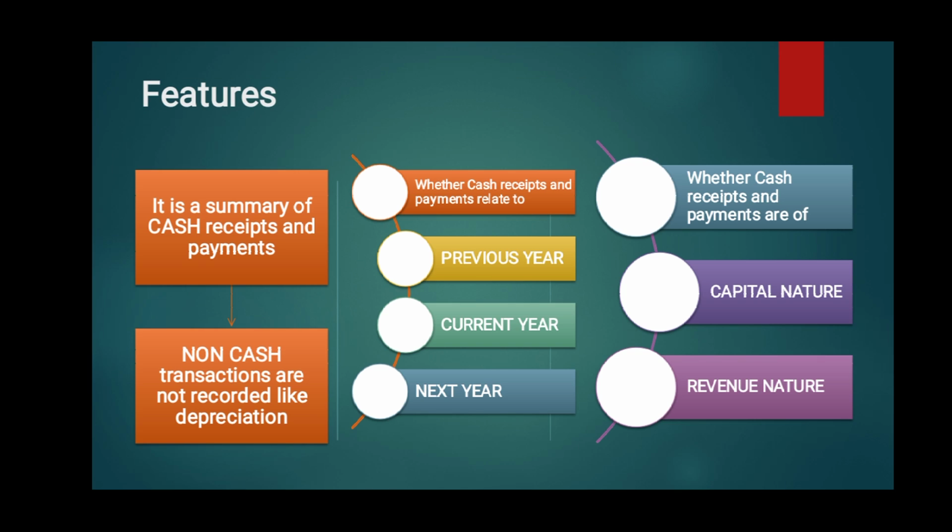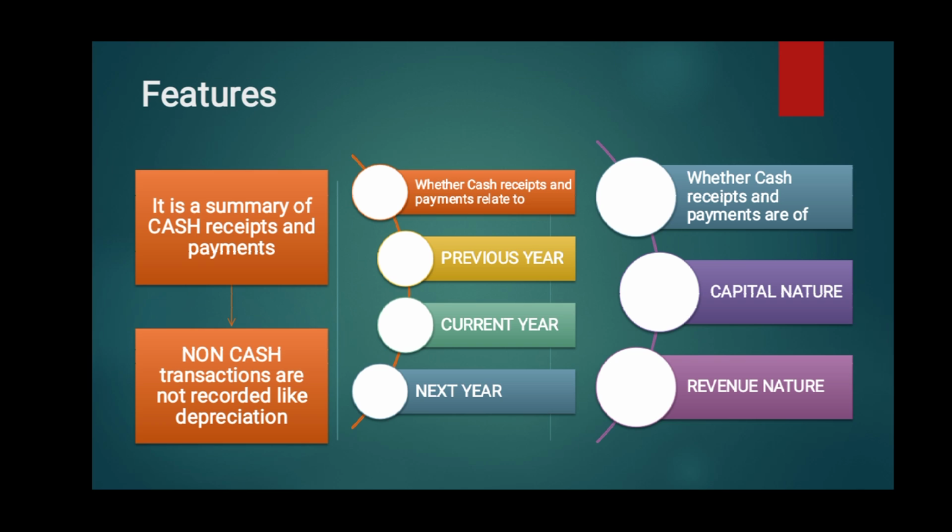So here the total payment of rupees 10,000 will be recorded on the payment side, not rupees 7,000, because the total cash payment is 10,000 and we have to record rupees 10,000 as per accounting rule.